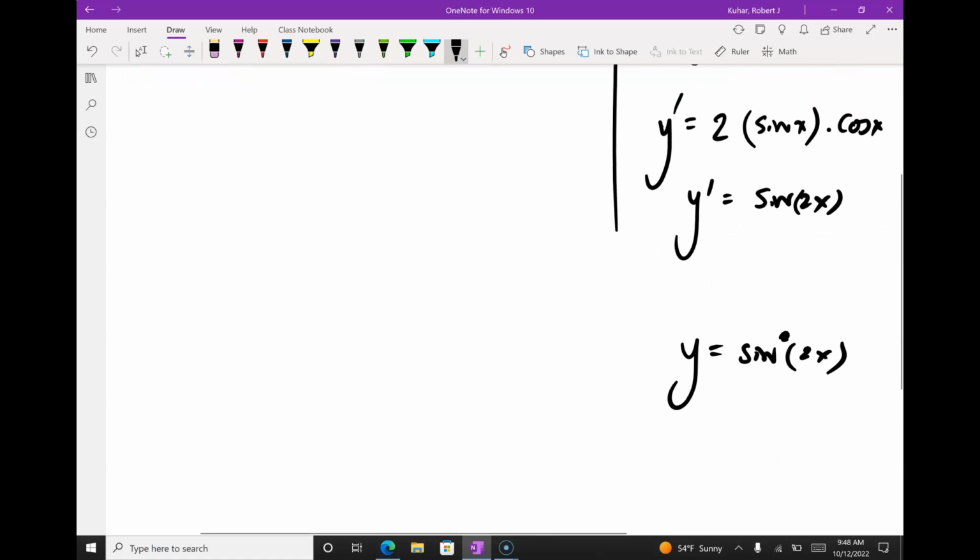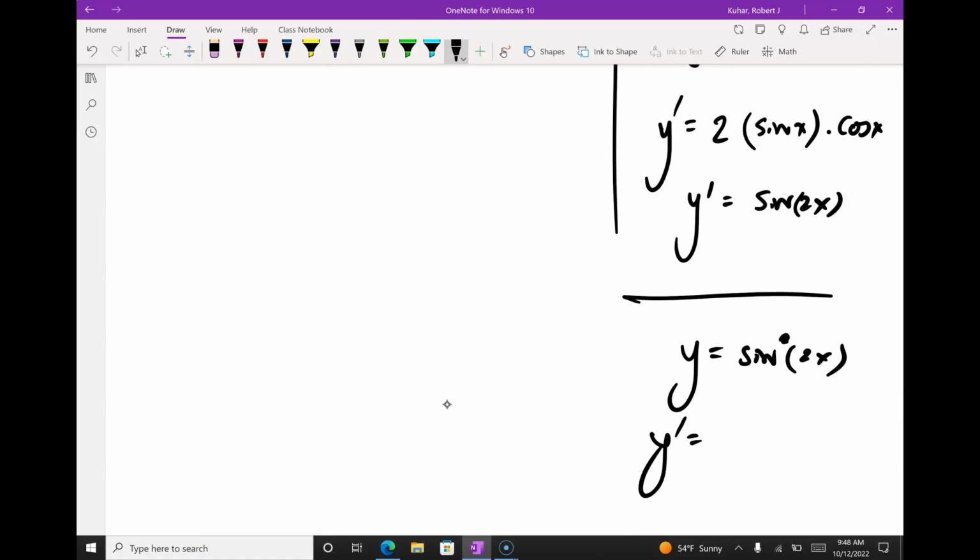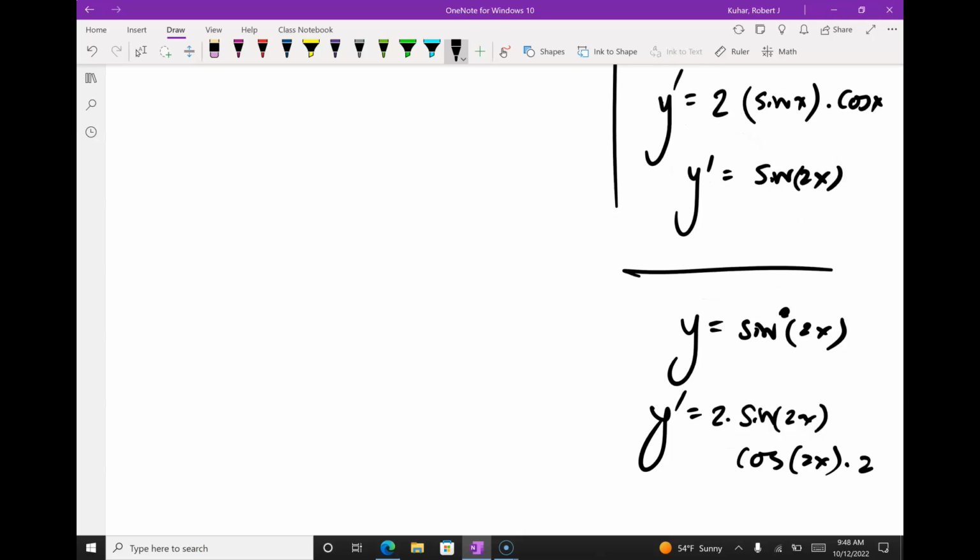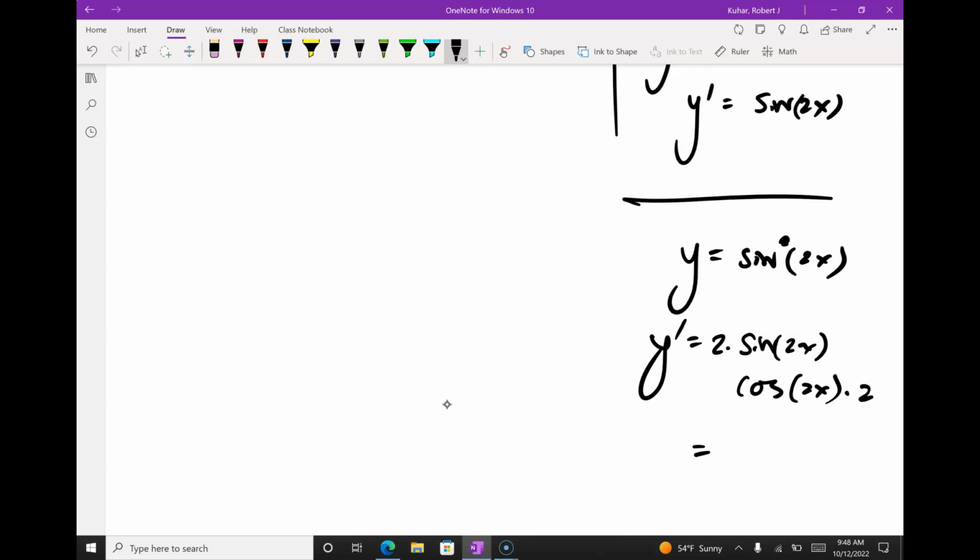So what's my derivative here? 2 times the inside, sine of 2x, so derivative of sine is cos of 2x, but there's another inside, so times 2. And so you should see that I have now 2 times the sine of 4x.